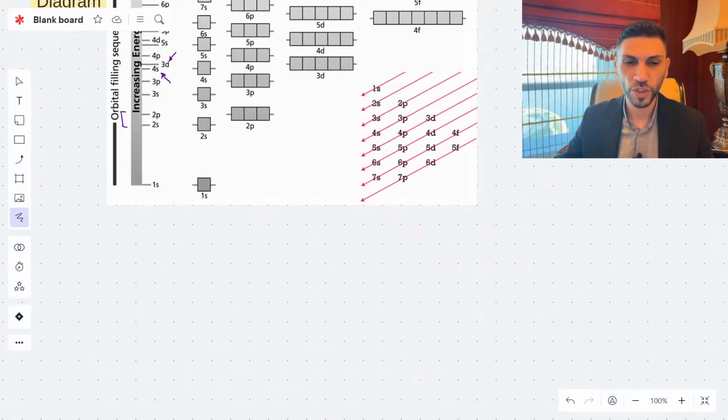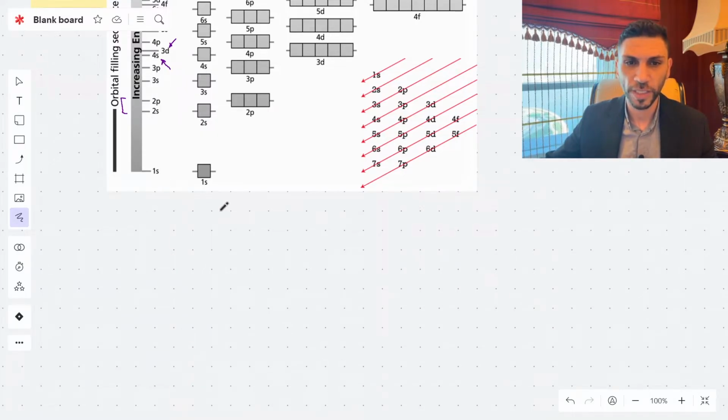What I suggest, and I always tell my students this, is to write this diagram on a piece of paper before you start solving the questions from the exam. So how can we write it? It's very simple. When n equals 1, we have only 1s, and when n equals 2, we have 2s and 2p.